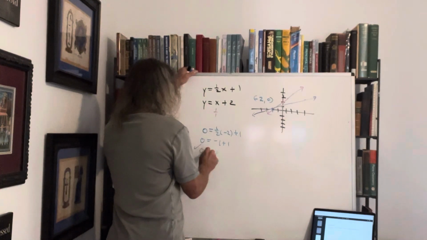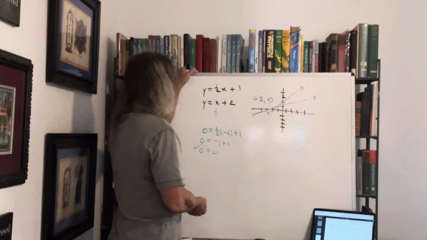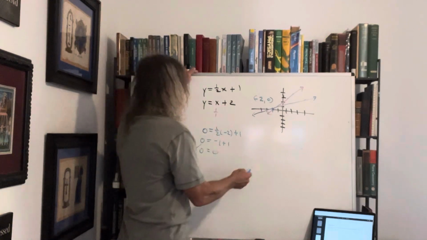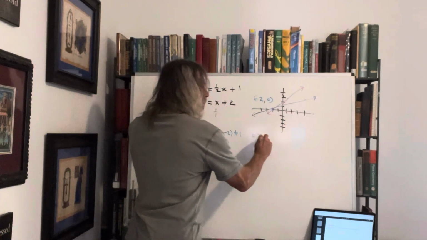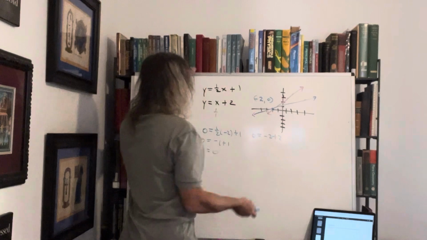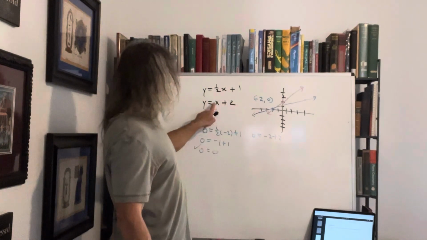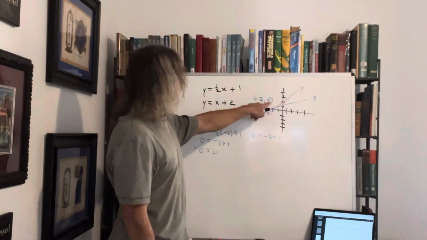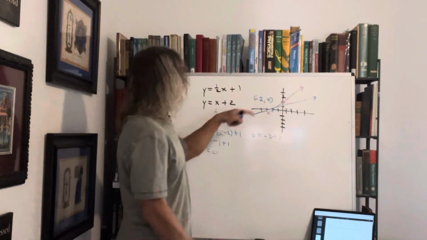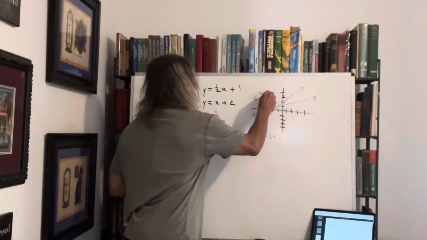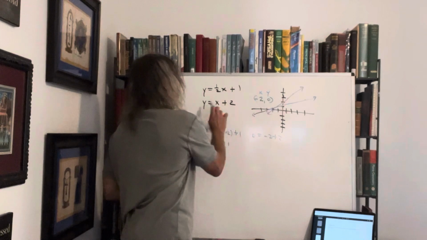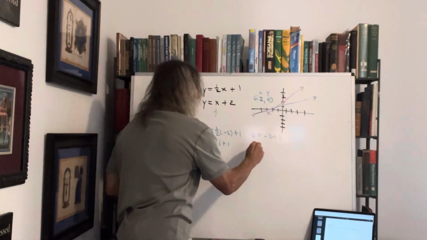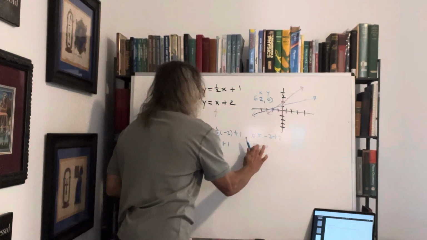So it checks out. That's right. Then we want to see if it works in the other one. 0 is -2 plus 2. So of course we put the -2 in place of the x and 0 in place of the y, because ordered pairs are x, y. X is -2, y is 0. -2 plus 2 is 0. So it's correct.